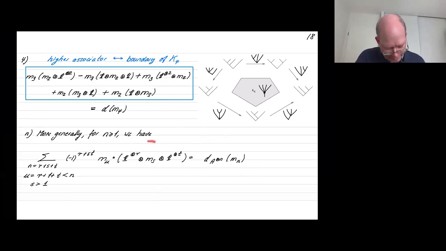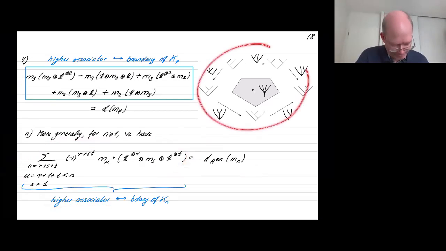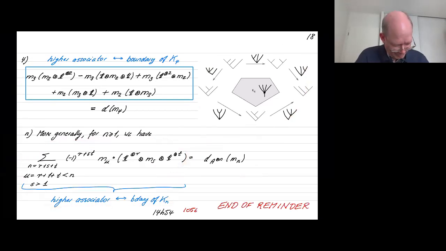So you can always write it like this, and like this, it is perhaps more similar to the topological situation. This is the higher associator, and like in this case, it corresponds to the boundary of the Star-Sheff polytope. Okay, and this is the end of the reminder.